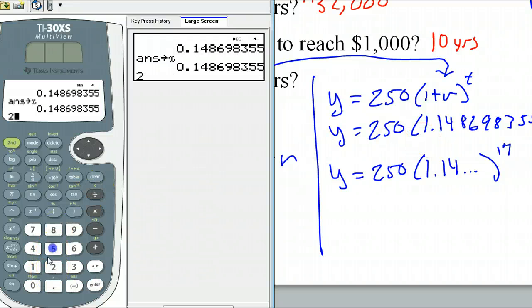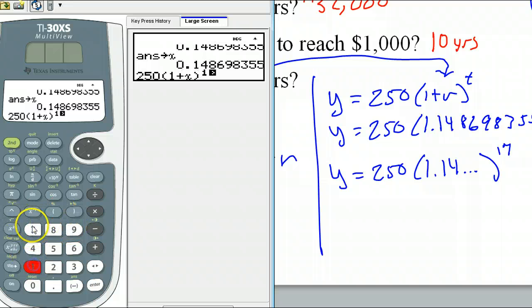Or I could do this: 250 times, and I guess I had stored the decimal, so I have to do 1 plus r. So r, remember we put it in x, so I can just type the x now. And then that's to the 17th power.